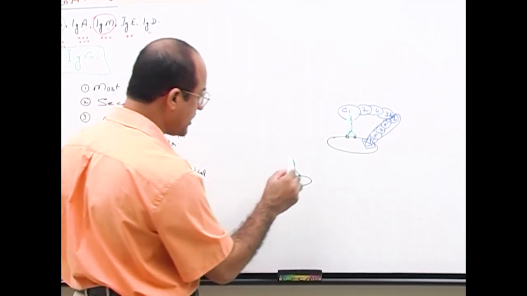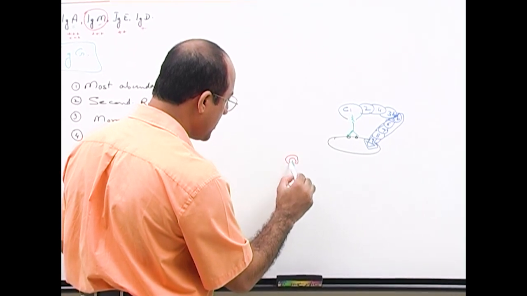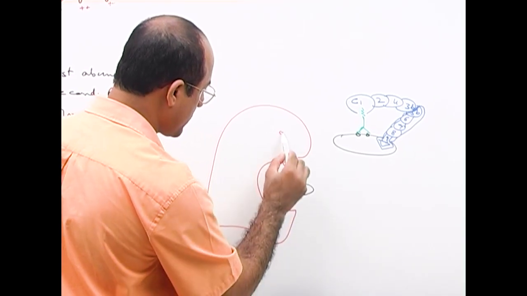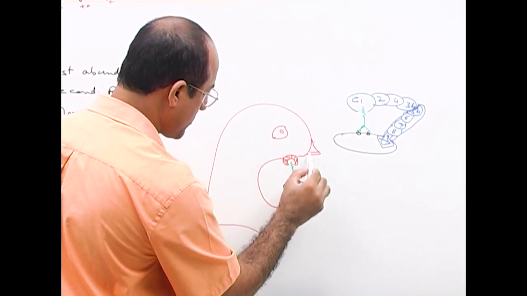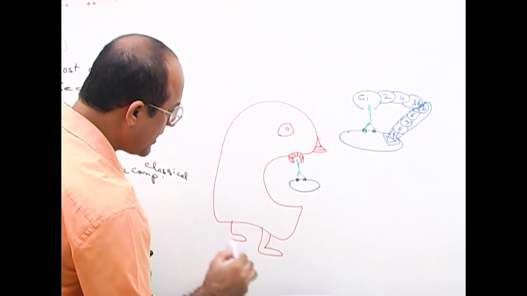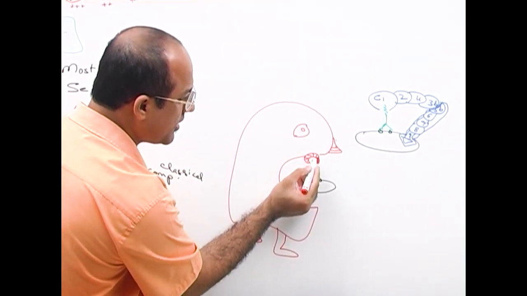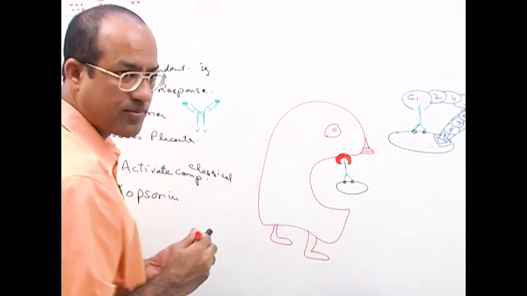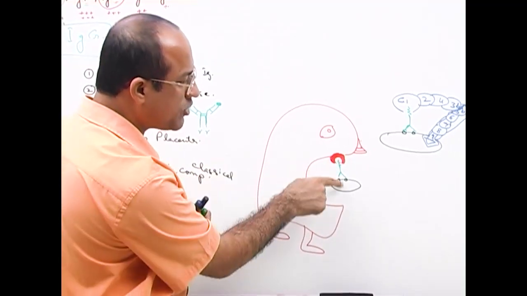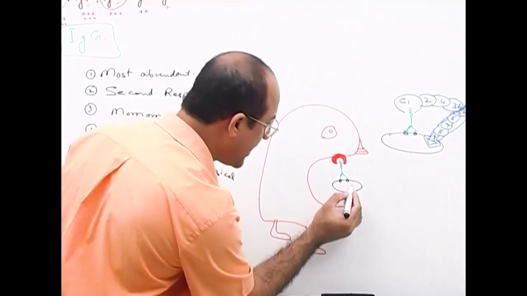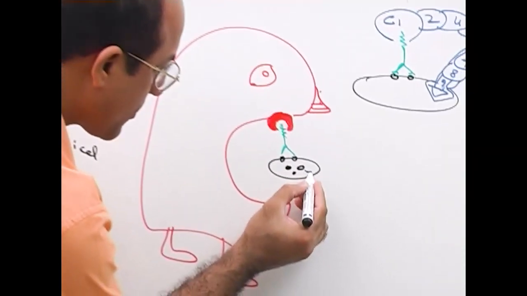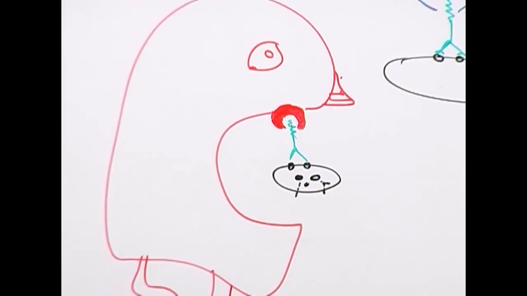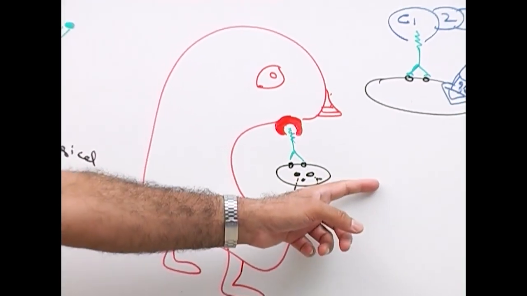So if this is a neutrophil, the neutrophil will have a specific receptor that can bind with the active portion of IgG. So IgG on one side is holding the bacteria, and of course the bacteria is very sad, and on the other side it binds with the neutrophil. Now the bacteria cannot escape.